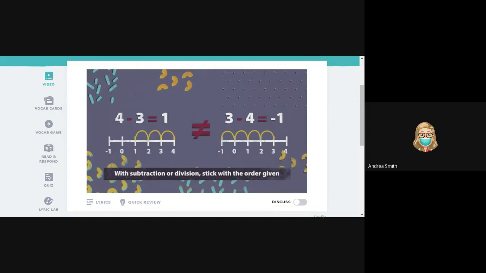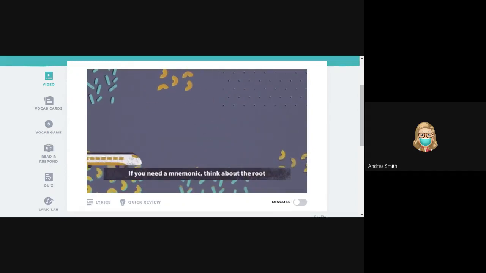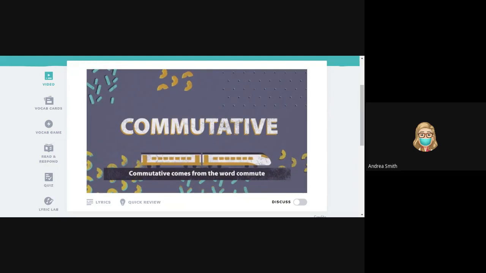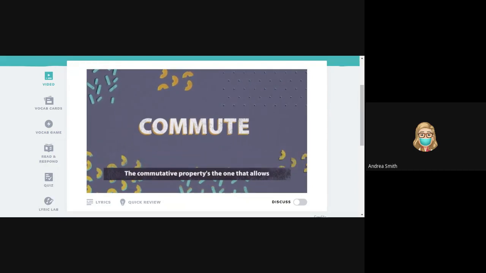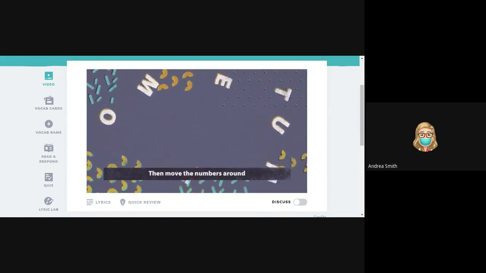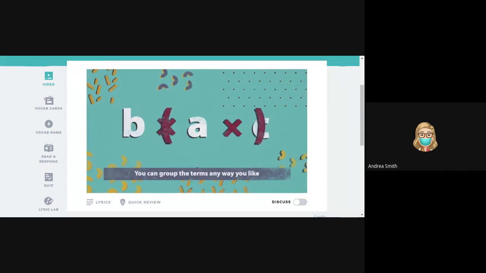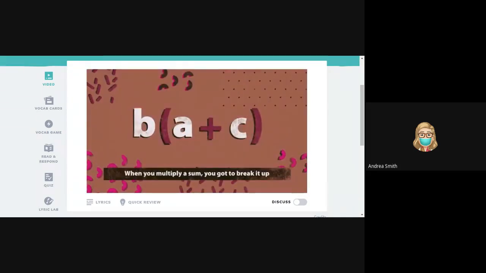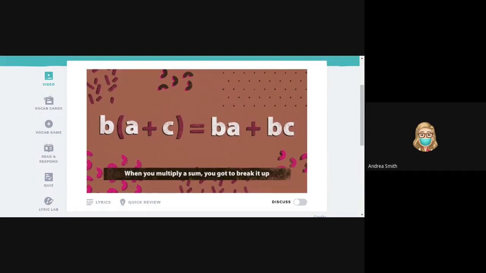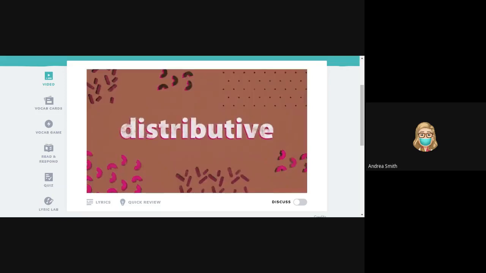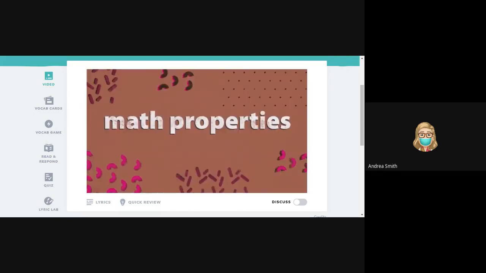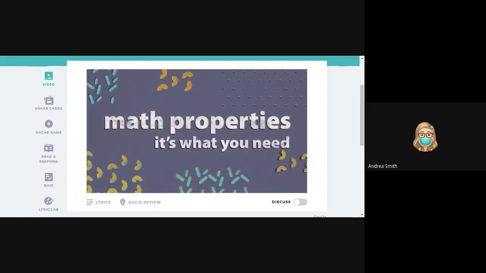With subtraction or division, stick with the order given. If you need a mnemonic, think about the root. Commutative comes from the word commute. The commutative property allows us to write the numbers down, then move the numbers around. Commutative property: in any order, you can add and multiply. Associative: you could group the terms any way you like. And now the last one: when you multiply a sum, you gotta break it up. That's distributive property. It's gotta be commutative, associative, distributive, all 3 math properties. It's what you need.